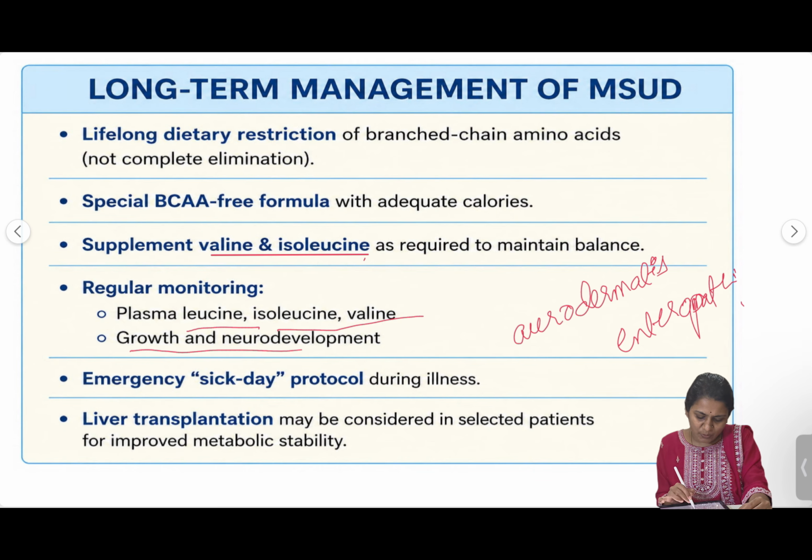Also monitor growth and neurodevelopment. If there is a sick child, please supplement with high calories with glucose, IV dextrose, because you want to prevent catabolism. Then in some cases, liver transplantation may be helpful for metabolic stability.